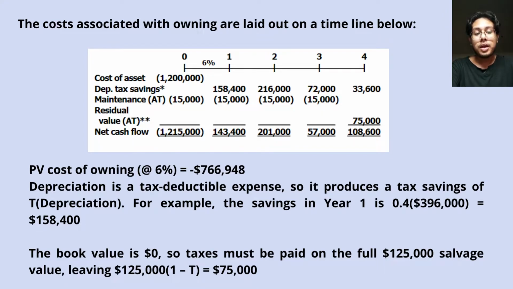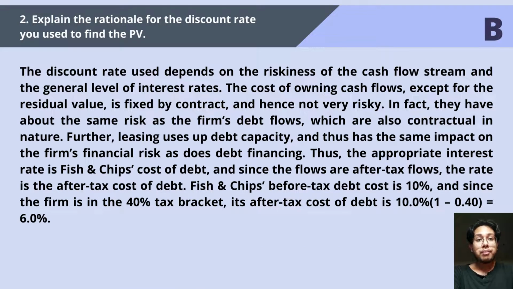For example, the savings in year 1 is 0.4 multiplied by $396,000, which equals $158,400. The book value is $0, so taxes must be paid on the full $125,000 salvage value, leaving $125,000 multiplied by 1 minus T, which equals $75,000.